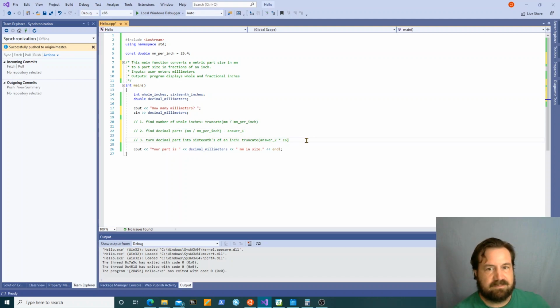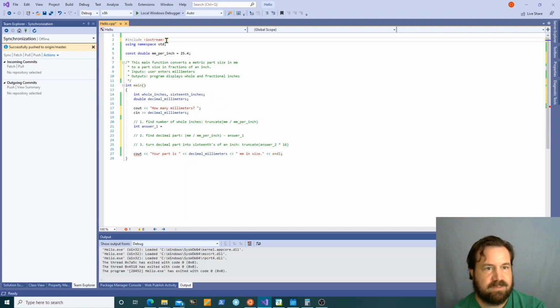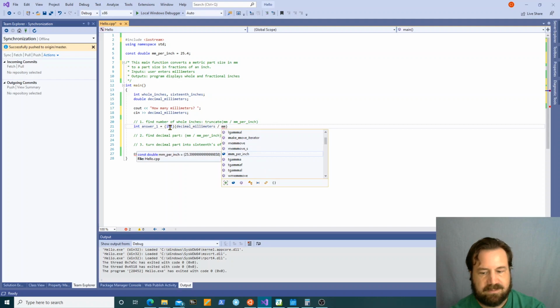Okay. So, what we're going to do here is we're going to say, okay, int answer 1 equals, and there is a trunc function, but I can just cast it to an integer, int of decimal millimeters divided by millimeters per inch. Okay.